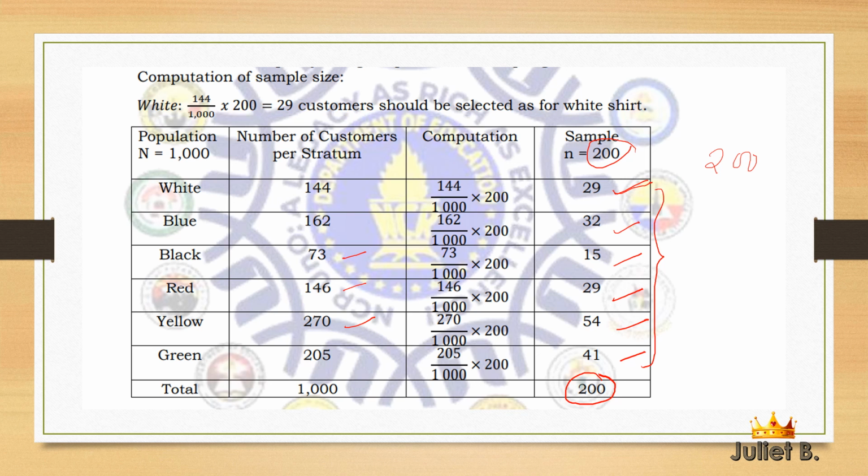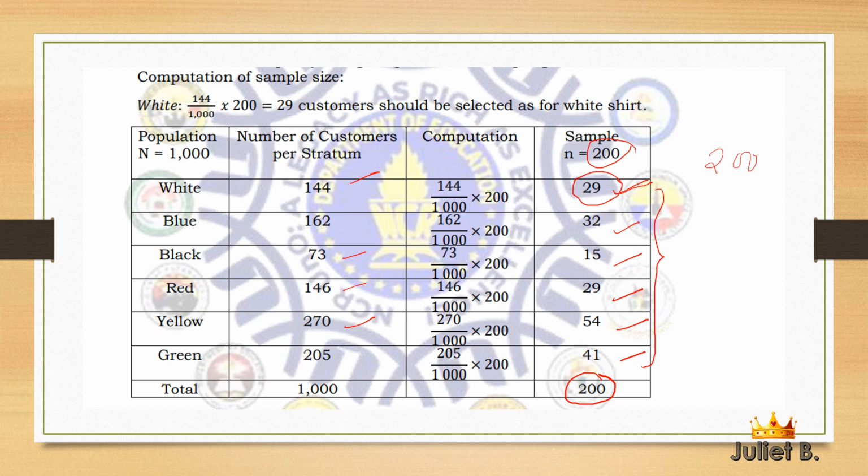Ngayon, ang gagawin naman next to that, para malaman natin kung sino-sino yung mga yun, gagamitin natin yung simple random technique para mapili natin yung 29 mula sa 144.